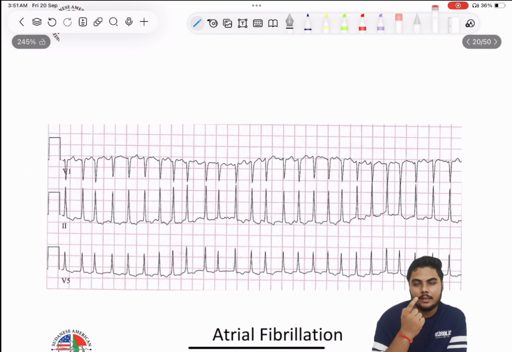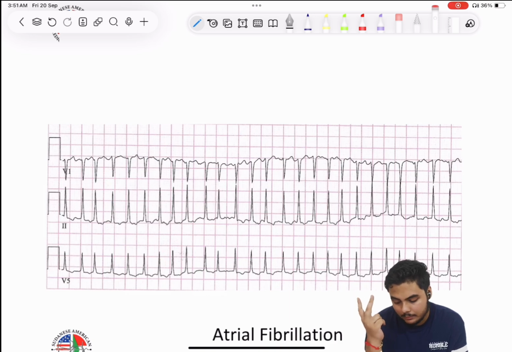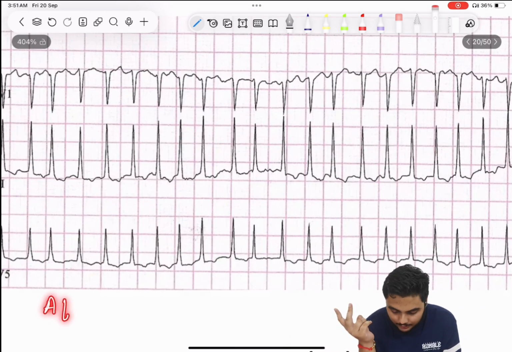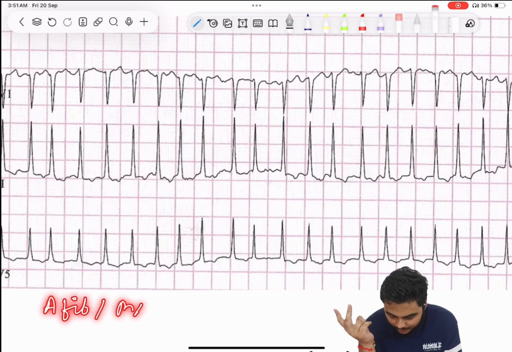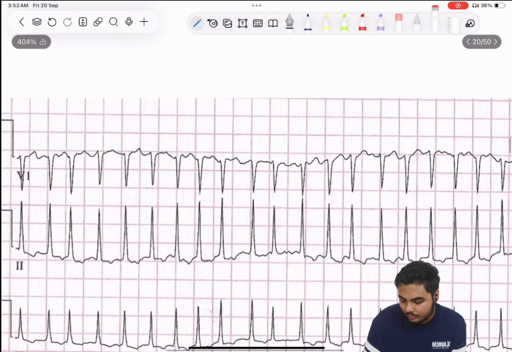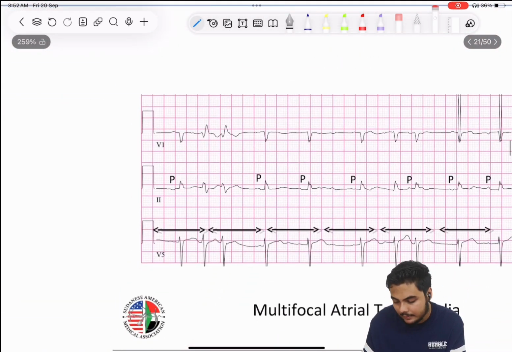So the patient is having a narrow QRS complex and the rhythm is irregular, then we can think of either AFib or MAT, right? Now you see here there is no obvious P wave present in this lead, right? So we will think of AFib, and this is an ECG of atrial fibrillation, right, guys?